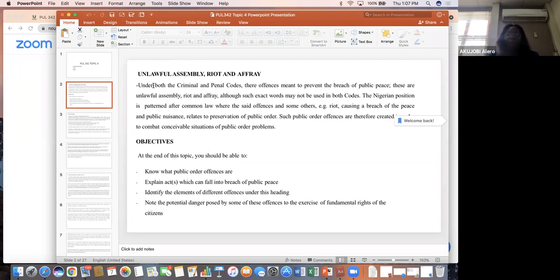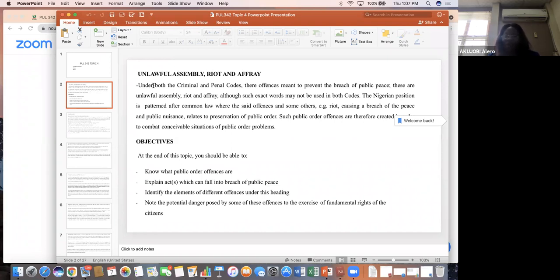It is expected that at the end of these subtopics, you will know what the offenses are and what acts or elements constitute them. You're also expected to identify the various types of elements under them, and to know the potential danger posed by some of these offenses to the exercise of fundamental rights of citizens.